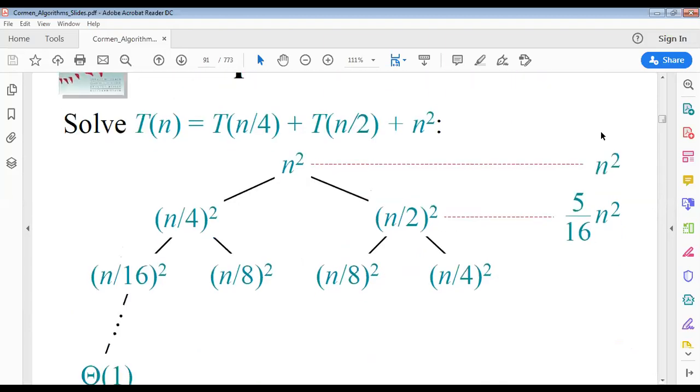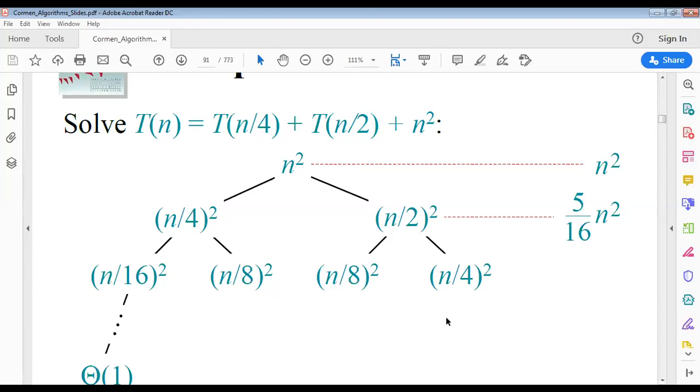Why is it so? Because if we take the squares, it should be n square over 16 plus n square over 4, and if we sum it, then it will be 5 over 16 n square.